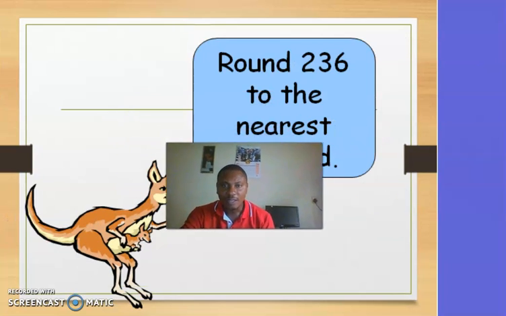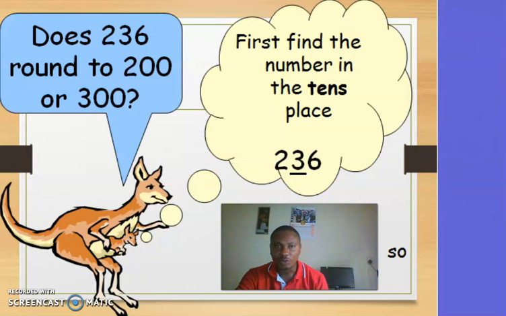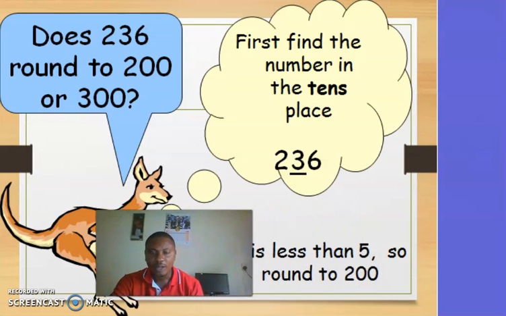We're looking at rounding 236 to the nearest 100, following the same principle we used. When we were rounding to tens, we used our unit number, and since we're rounding to the nearest 100, we're going to use the tens place.